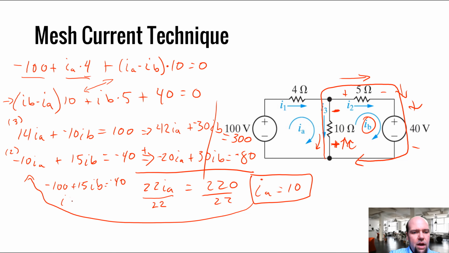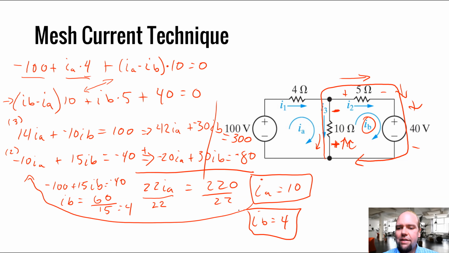So IB equals, let's see, negative 40 plus 100, which is 60, divided by 15, which is 4. Okay, perfect. Sorry, I froze a little bit thinking there. That happens. Okay, so IB equals 4, IA equals 10.